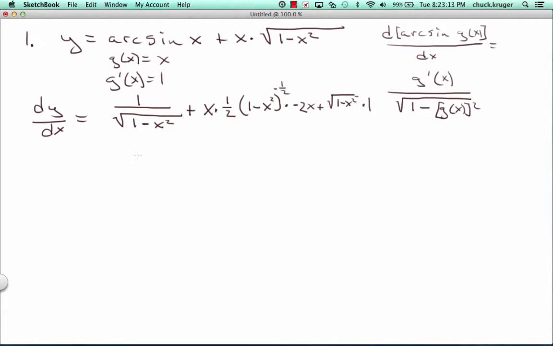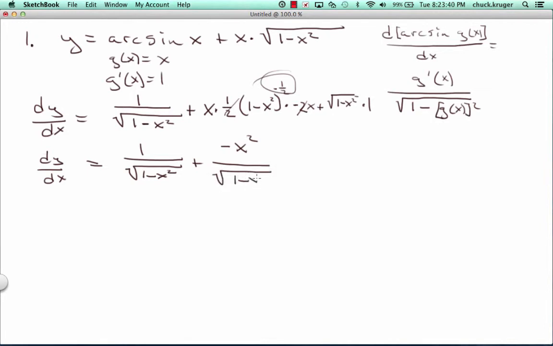So let me simplify this. dy dx is equal to 1 over the square root of 1 minus x squared plus, well, this half is negative, and x times x is x squared, so I have a negative x squared. This has a negative exponent, so down here I have the square root of 1 minus x squared plus, when I multiply this out, I get the square root of 1 minus x squared.